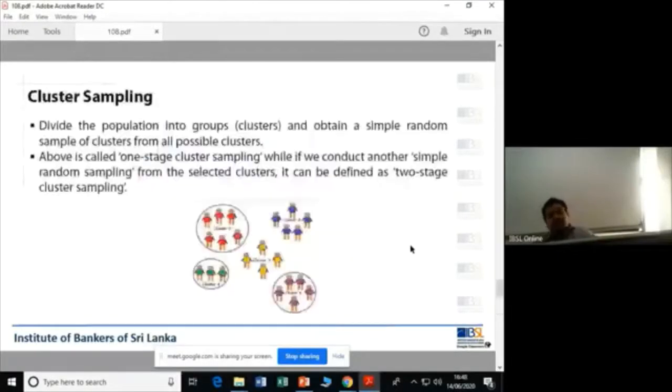The last one that we are going to discuss under the probabilistic sampling techniques is the cluster sampling technique. Now, the things that you're going to discuss under cluster, quota, and strata seem to be pretty much coming into a similar pattern, isn't it?